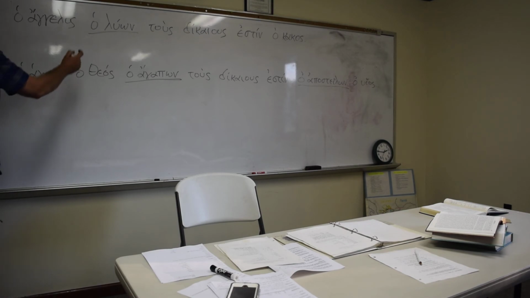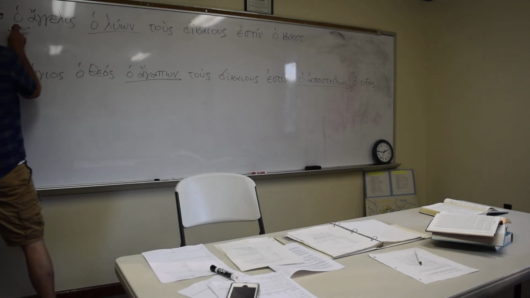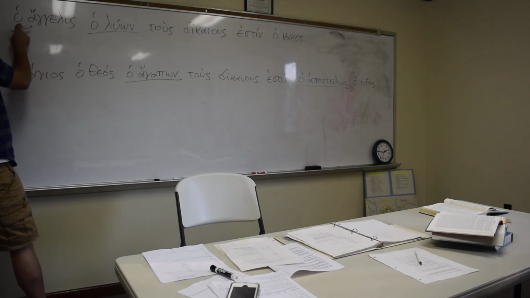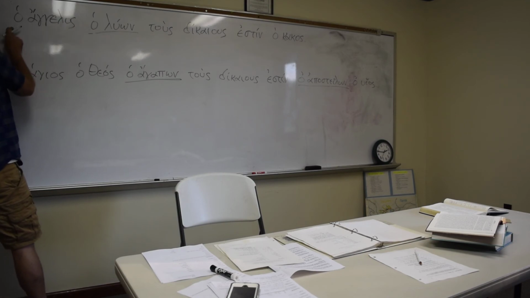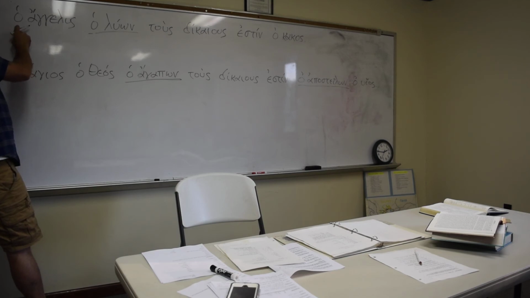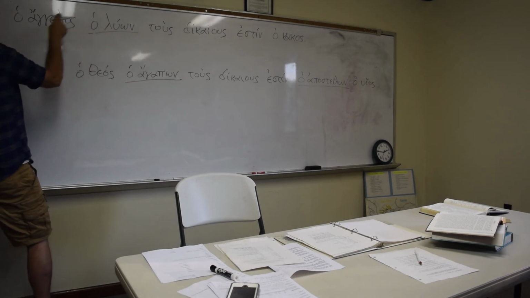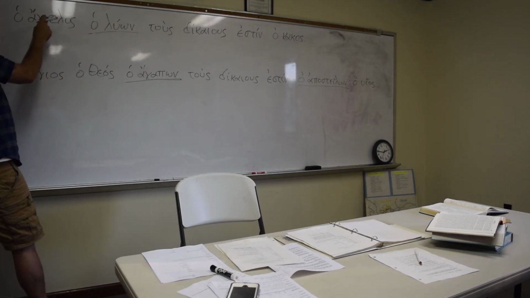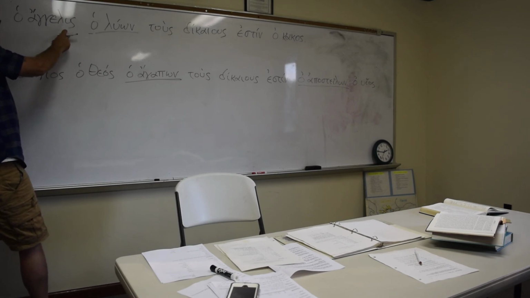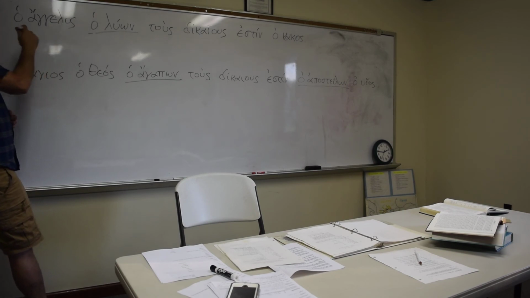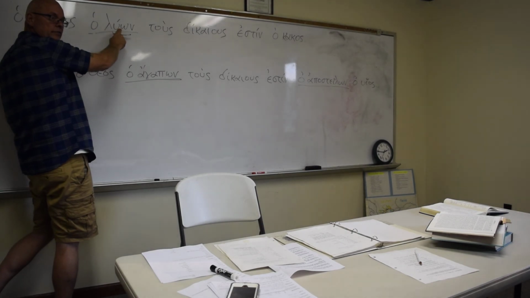Notice this corresponds with this, right? Those two correspond together, which tells me that this is also a second attributive. This agrees with this in case, gender and number. The two of them agree. This one is a present tense though.